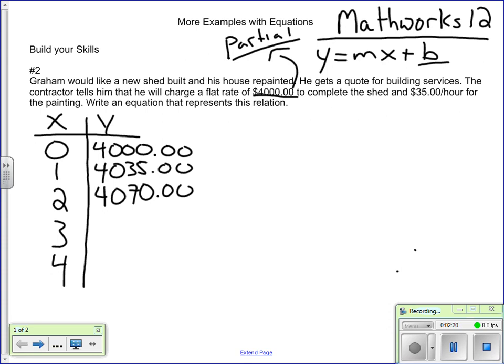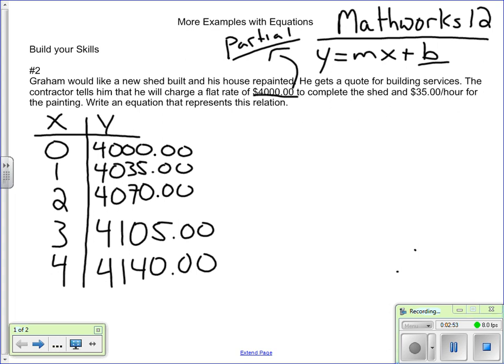After 3 hours, the price will be $4,105. And if the painting took 4 hours, the price would go up an extra $35 to $4,140. So that's the relationship that we've made.